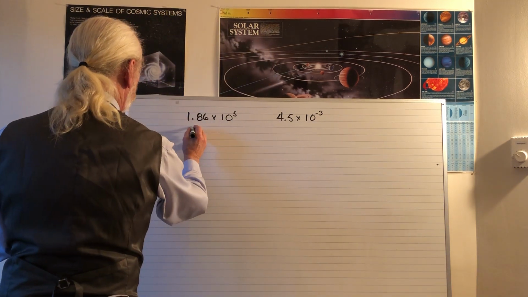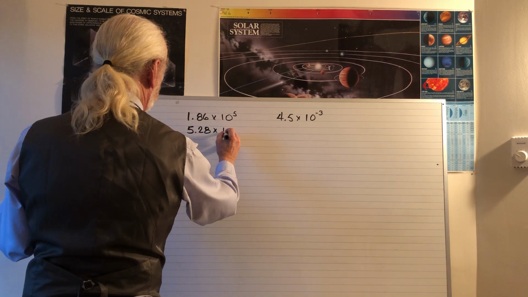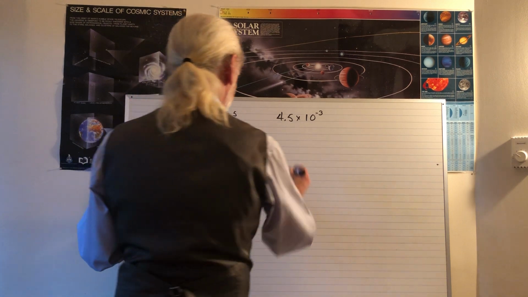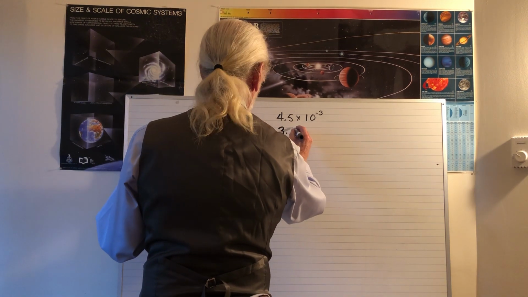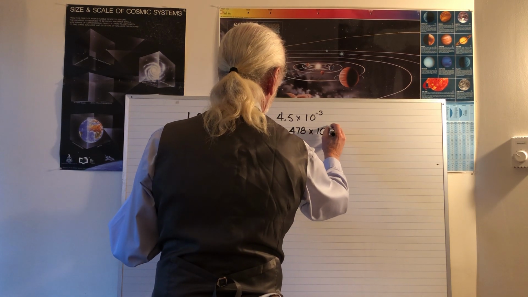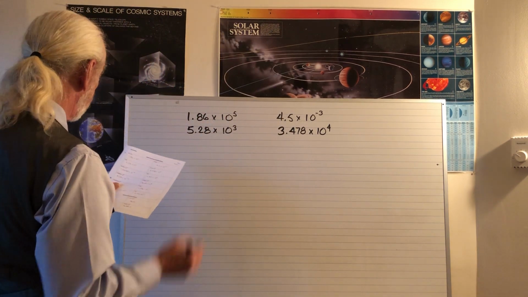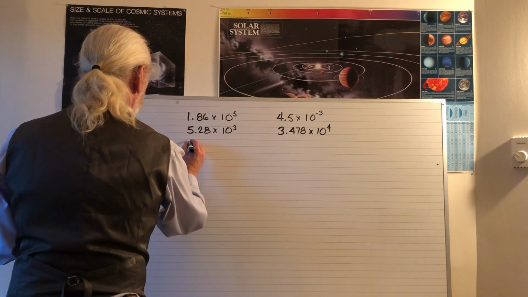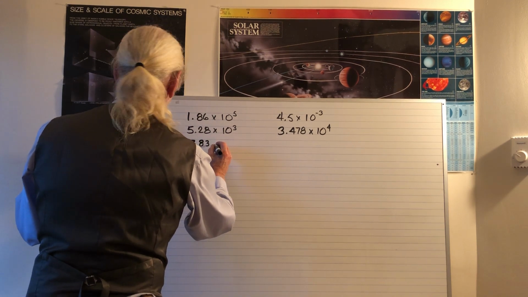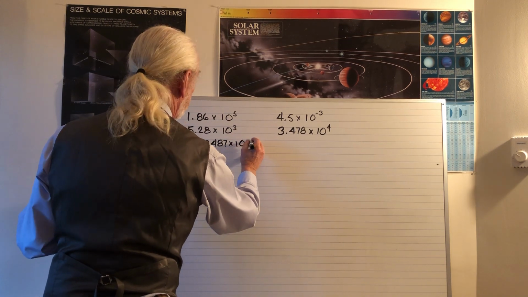5,280 gets converted to 5.28 times 10 to the 3rd. 34.78 times 10 to the 3rd gets converted to 3.478 times 10 to the 4th. 783.487 times 10 to the negative 8 gets converted to 7.83487 times 10 to the negative 6.